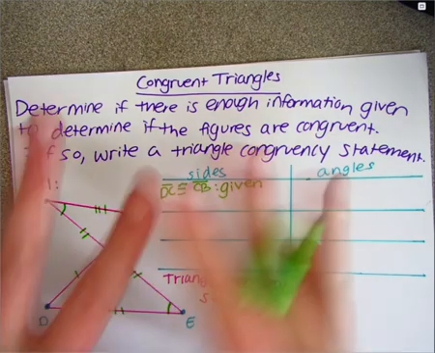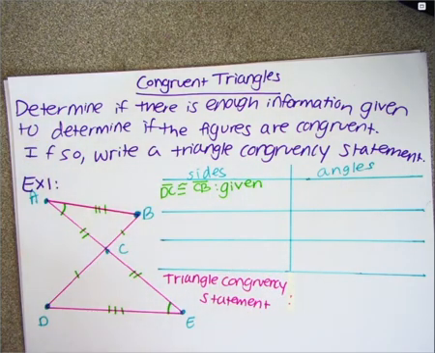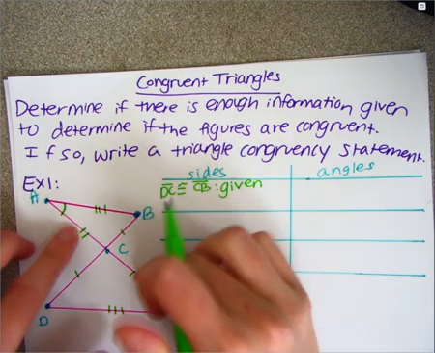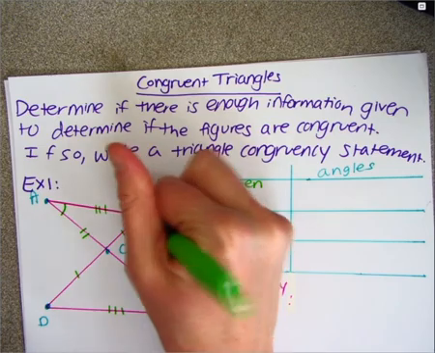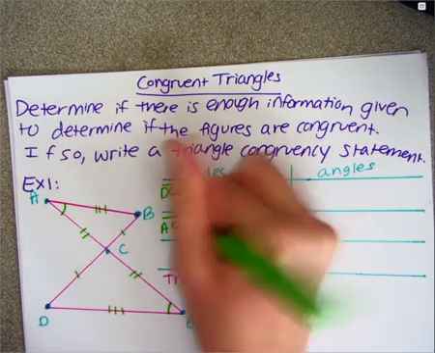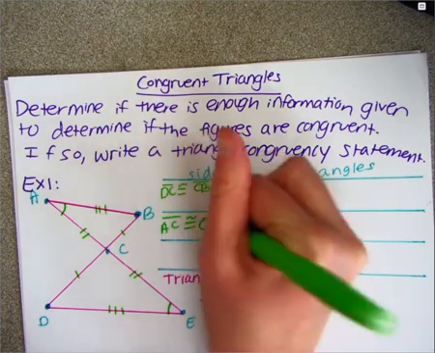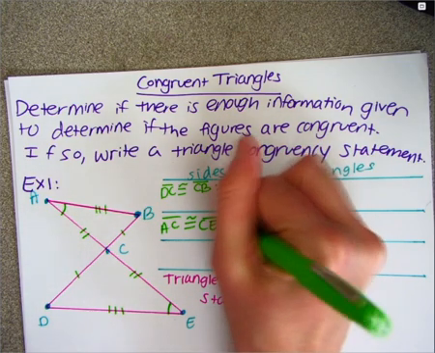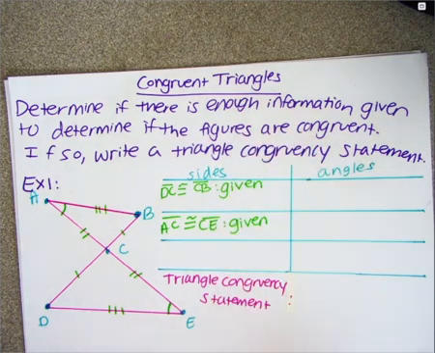Okay, do you spot any other sides that are congruent in the picture? Segment AC and CE both have two tick marks on the segment. So I can say AC is congruent to CE. And also, you guys, since I was given this, or they showed it to me in my picture that they are congruent, the reason would be because they are given.